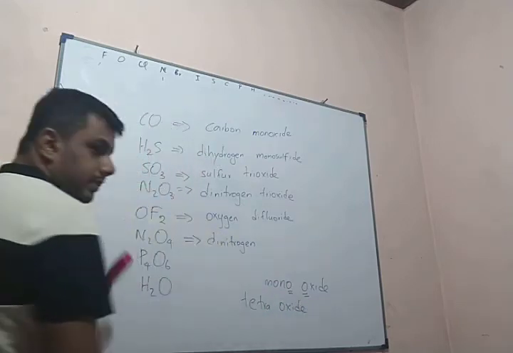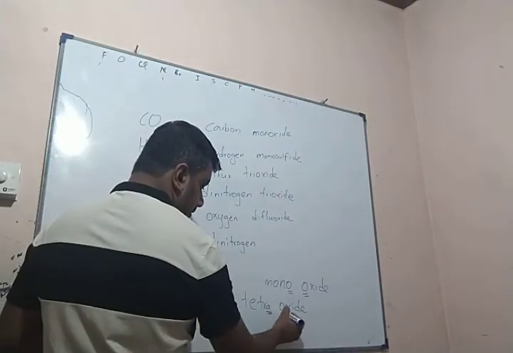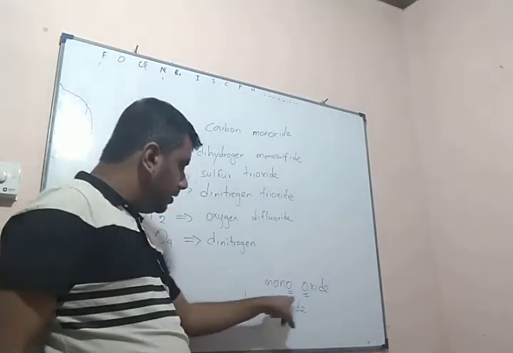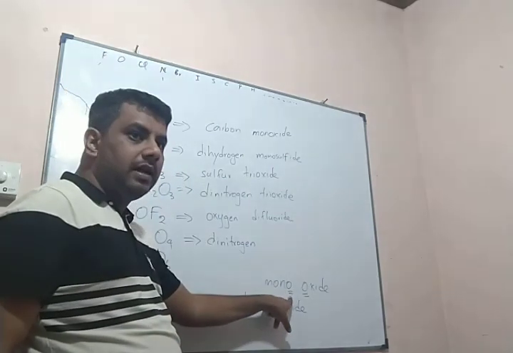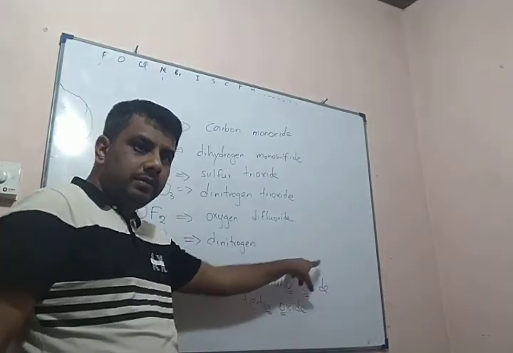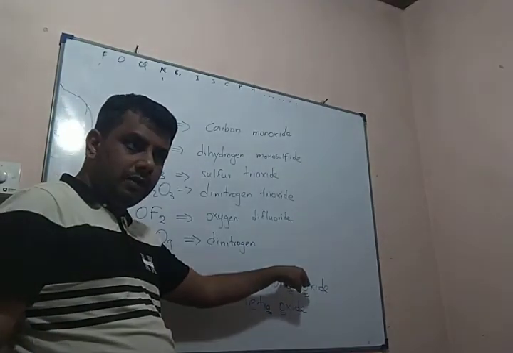How to combine that? Here both are vowels: the last letter of the prefix and the first letter of the name. If both are vowels, what should you do?